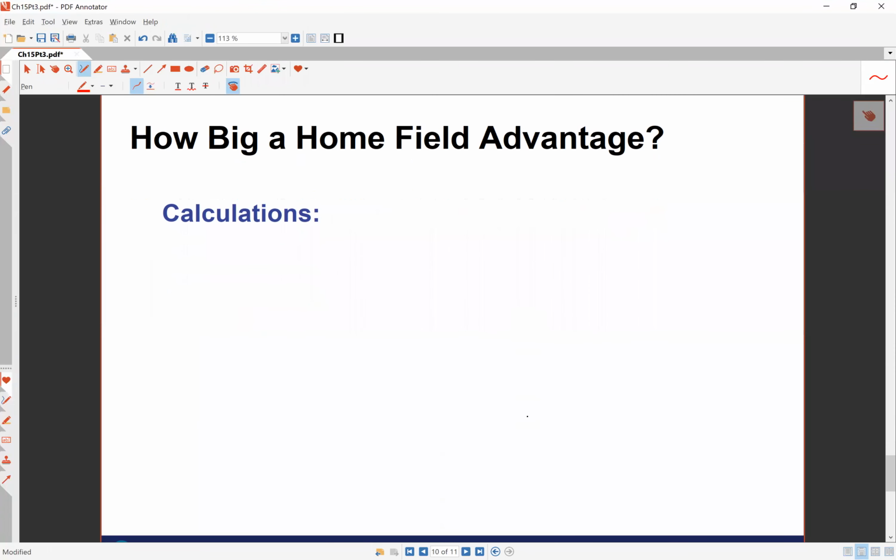So what do the calculations look like in this case? Well, our p-hat is still 0.538, but now we need to use the standard error appropriate for the confidence interval, which in this case would be the square root of p-hat q-hat over n. So the square root of 0.538 times 0.462, same sample size as before.